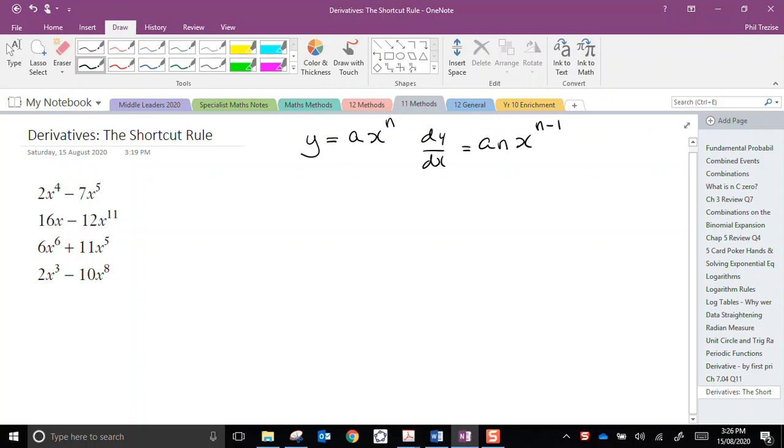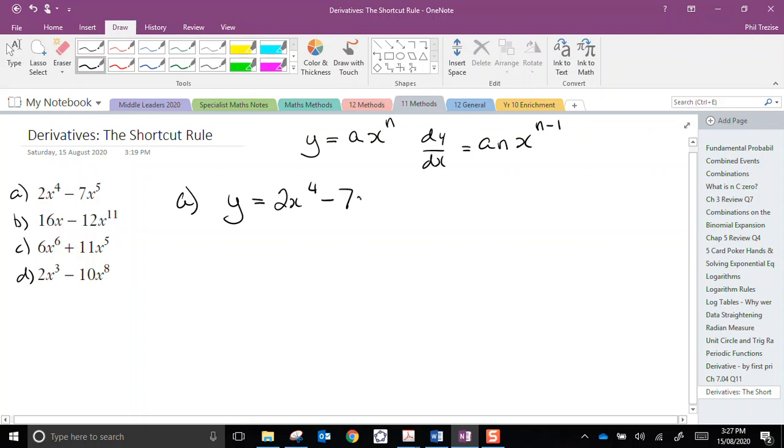If we were to do the first one here, I really should probably put a, b, c. So for part A, I like to always have y equals, or f of x, so 2x to the 4th minus 7x to the 5th.